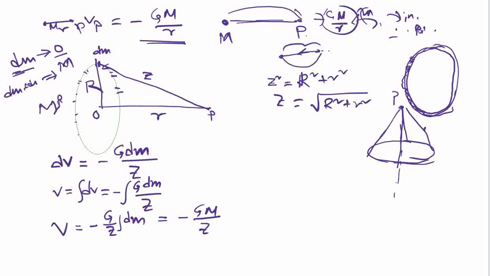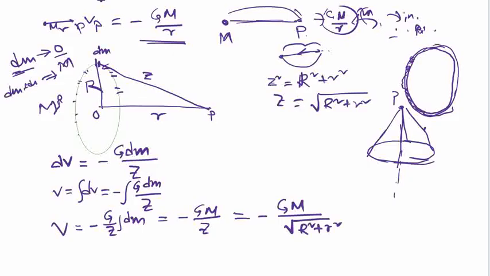So that is the potential of a point lying on the axis passing through the center of a uniform ring: minus GM by z. I can convert z to get minus GM by root over r square plus R square.